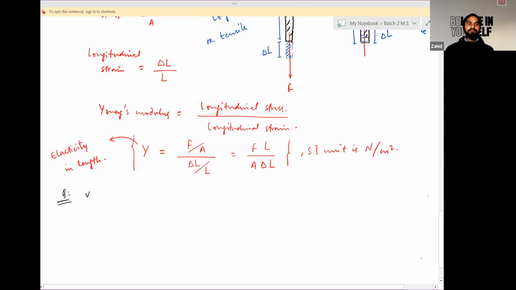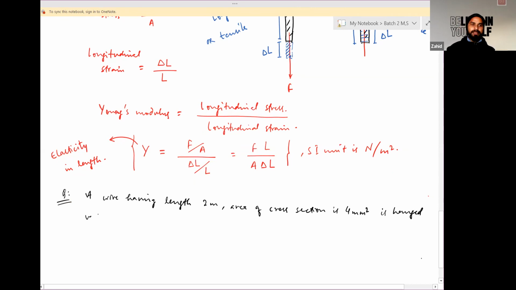Suppose a wire having length 2 meter, area of cross section 4 mm squared, is hanged vertically, and a force of 20 kilonewton is applied at its end to elongate it.